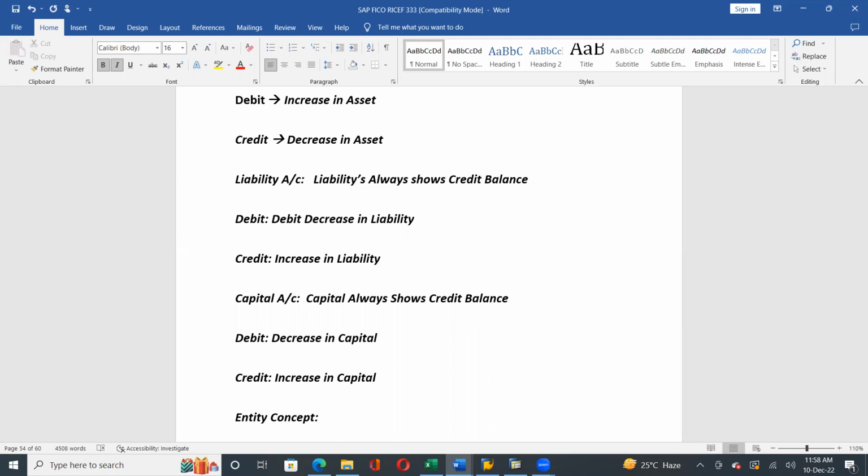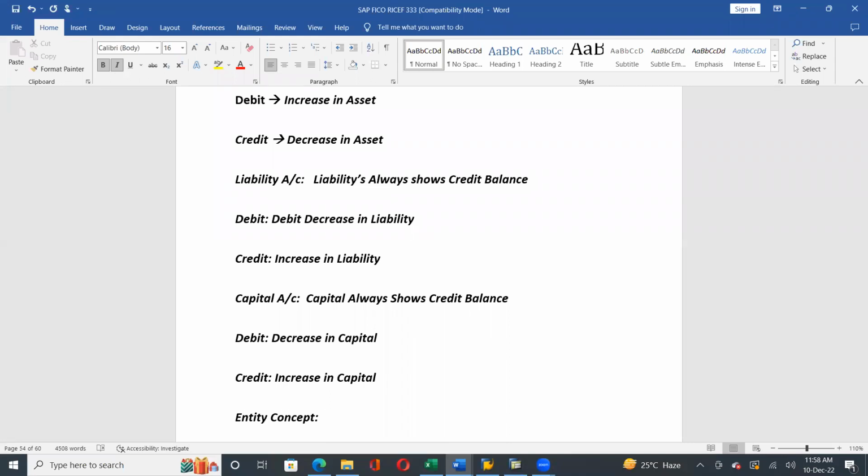Whenever we are doing accounts, we need to remember one basic fundamental of accounting: the owner is different from the business.